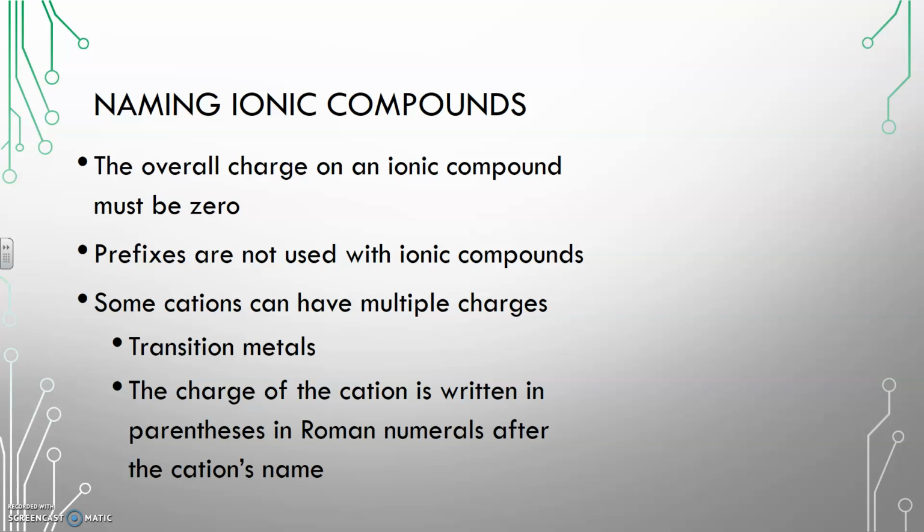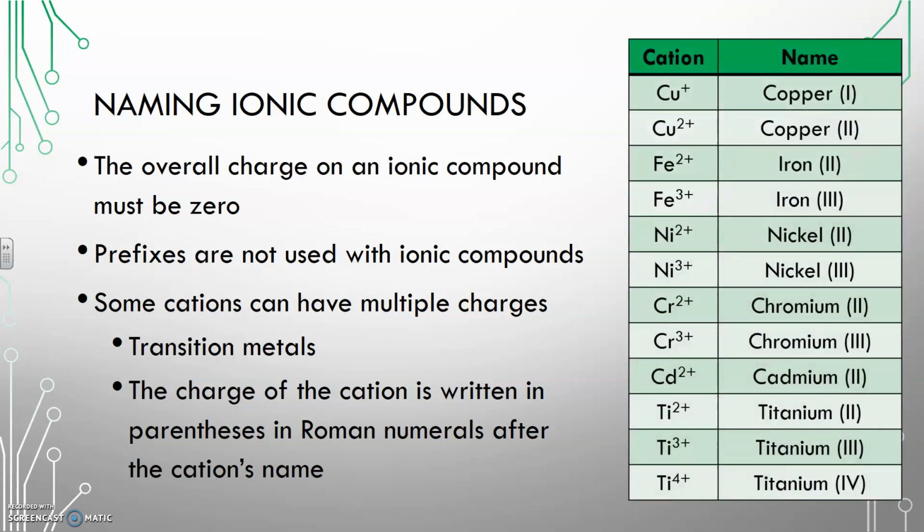Do you remember your Roman numerals? This is really simple. 1 is just an I, 2 is II, 3 is III, 4 is where it gets a little bit weird, you get an IV, 5 is just a V, 6 is VI, 7 is VII, and 8 is VIII.